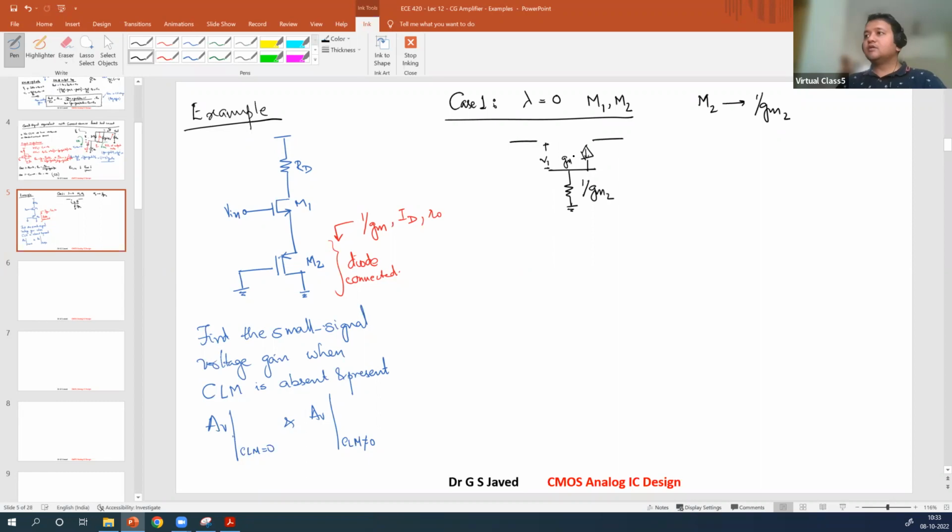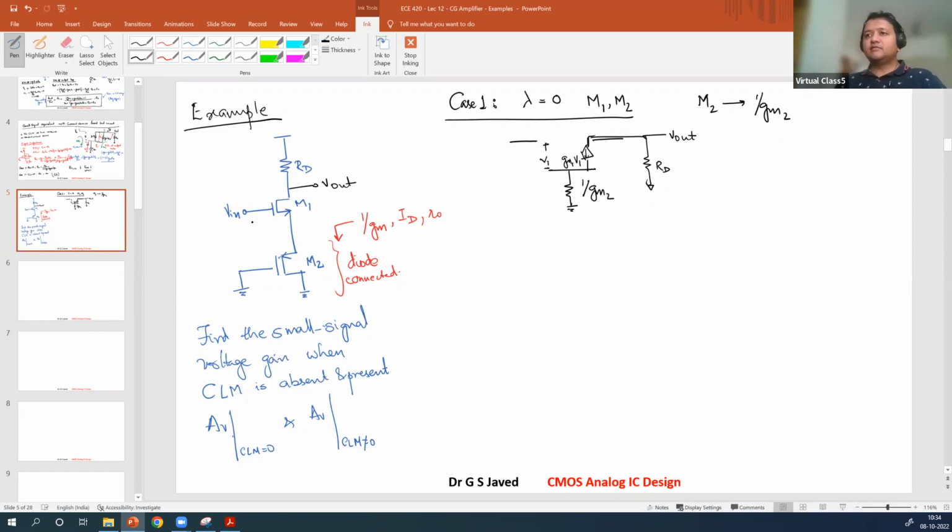With GM you will say GM1. Then, lambda is equal to 0, so no R naught. In the absence of R naught, you are only left with RD. Where is the V out taken? Here is the V out.